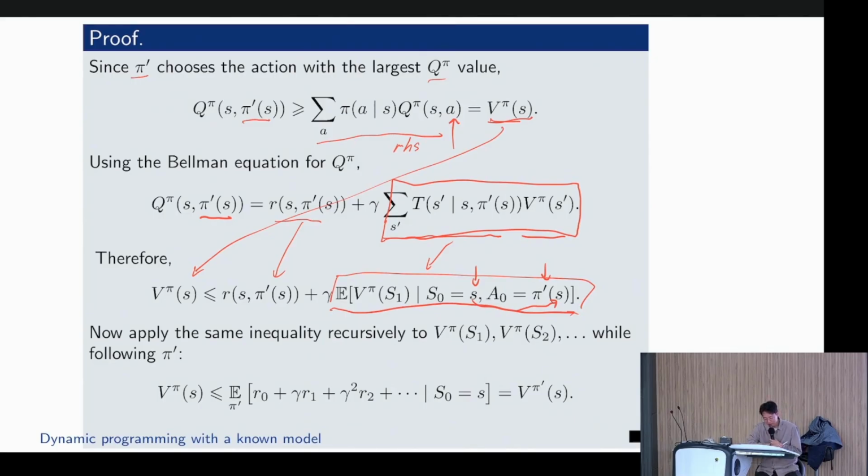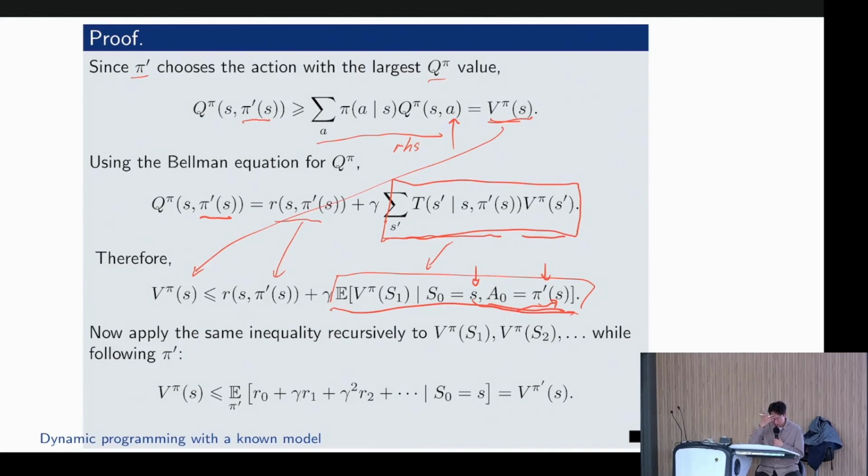So you can probably see what's happening. For any state S, V pi of S is upper bounded by the immediate reward plus discount times the expected future value under policy pi, conditioned on the fact that you start at S and execute pi prime.